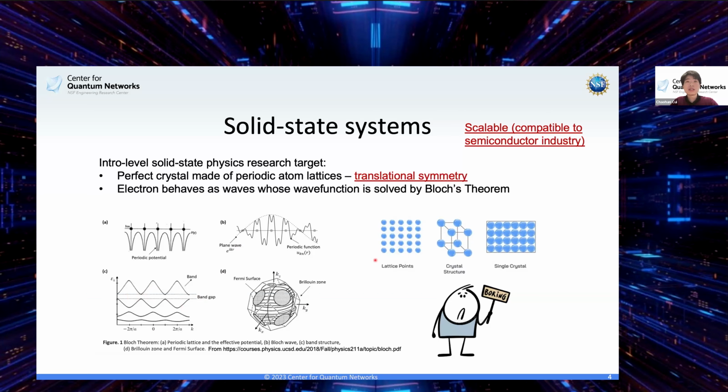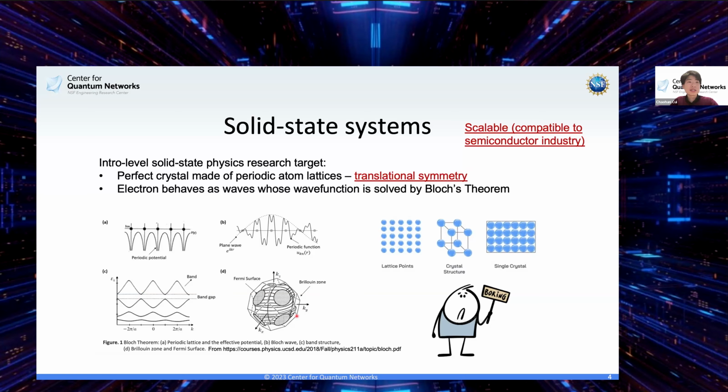The issue with this is it's a very boring system. The electrons are like a sea that are just moving around without forming discretized energy levels. The good thing about using a solid-state system is it's actually scalable, because it's compatible with the semiconductor industry.